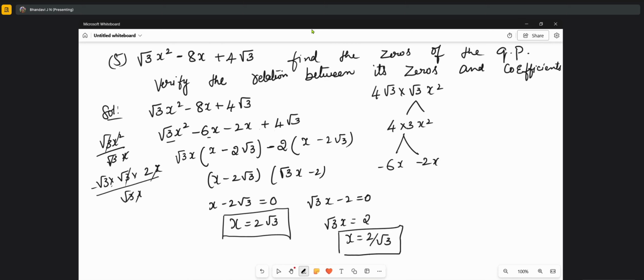After getting the x values, verify the relationship. Okay, verify. This is alpha and this is beta now. Alpha is 2 root 3, beta is 2 by root 3. Now find alpha plus beta.